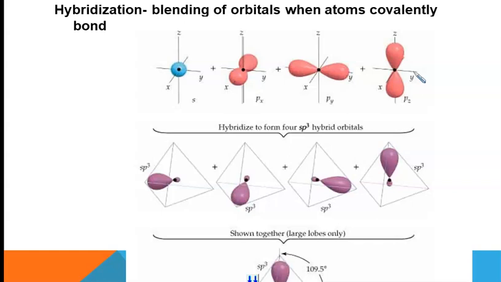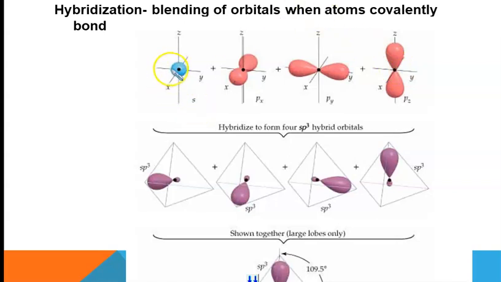And so what happens is when an atom gets ready to bond, do you remember they have those S and P orbitals, and they have those D orbitals? Well, that center atom, when it gets ready to covalently bond, those S and P areas, and sometimes D areas, are no longer distinct.